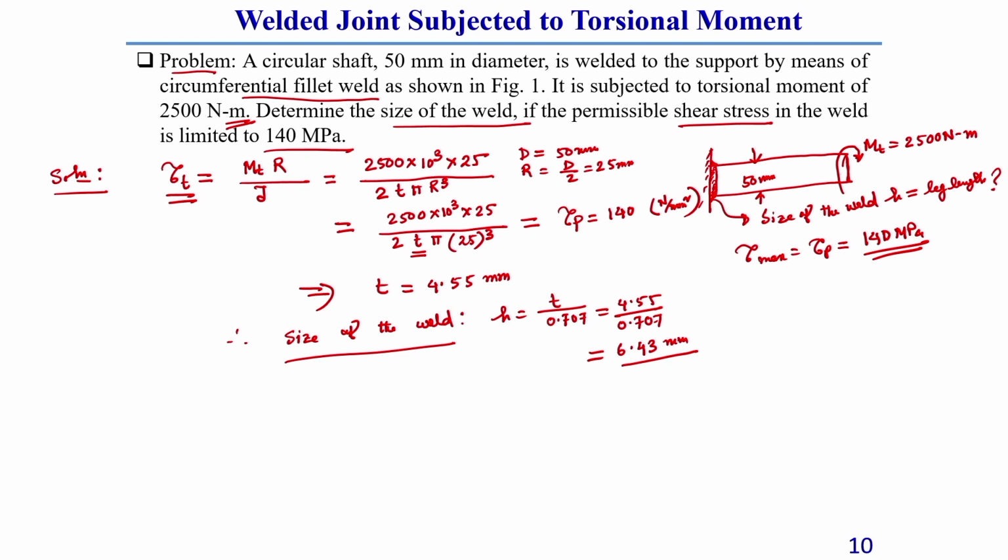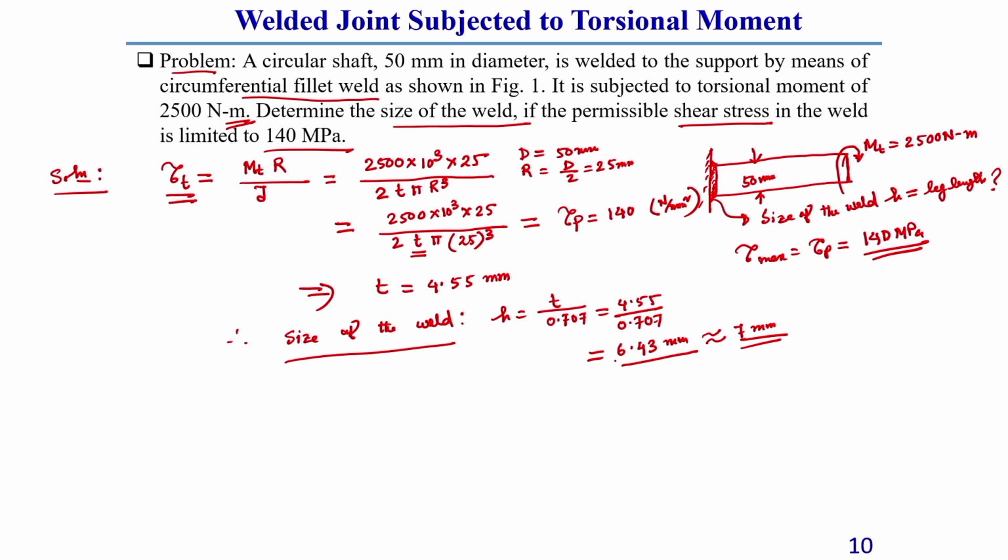So, you can consider this value, but it is better to consider a little bit higher value for the size of the leg length. You can consider 7 millimeter instead of 6.43. If you consider a slightly higher value, you will be on the safer side.